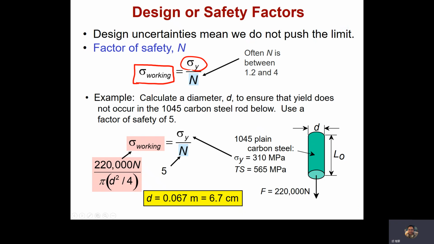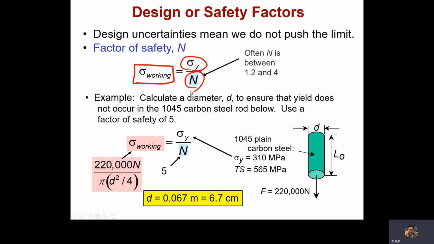If you use existing metals or alloys, you must know the yielding stress. Or if you use some materials whose yielding stress you don't know, you just do the tensile test. And the n is the factor of safety.